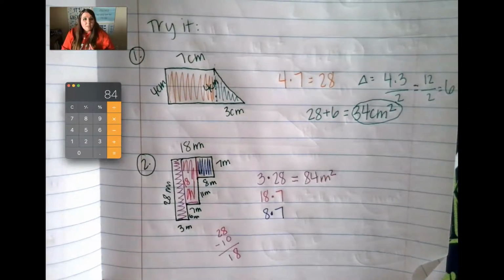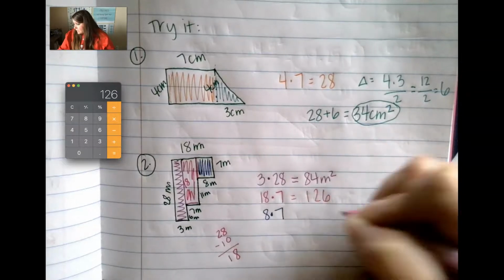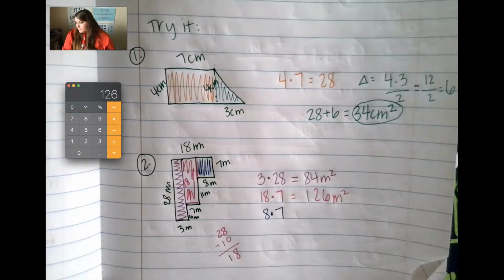For the next piece, I have 18 times 7. Let me double check that. 18 times 7. Yeah, 126. That gives me 126 meters squared. And last but not least, I have 8 by 7. Well, that's just 56.